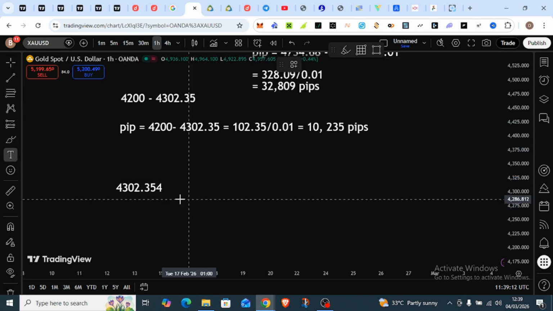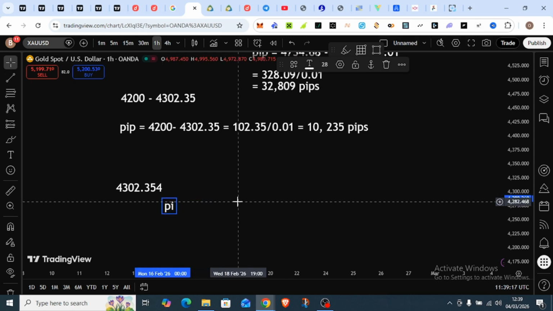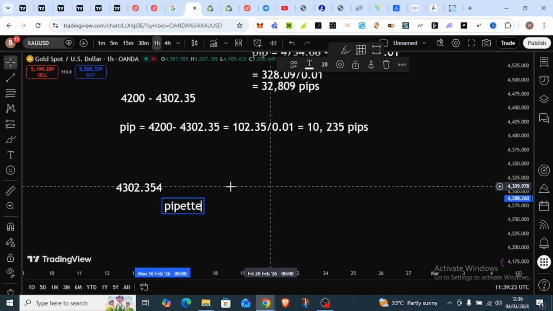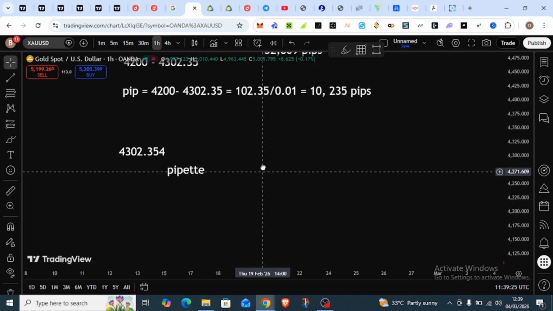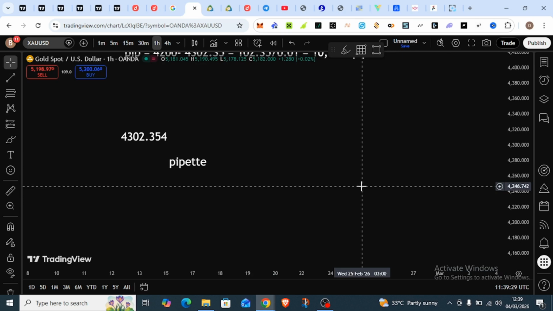So this 4 here can be labeled as pipette. So that is how to calculate pip in gold.